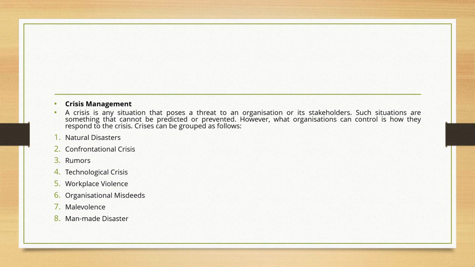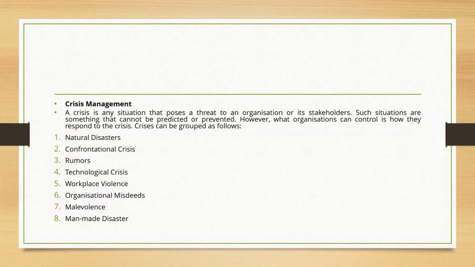Crisis management. Which company doesn't go through crisis? Every company goes through crisis. So can it be prevented or can it be predicted? Yes, let's see further if we can control the crisis, how we need to respond to those different crises. But it is obviously important to understand how we can map the crisis.